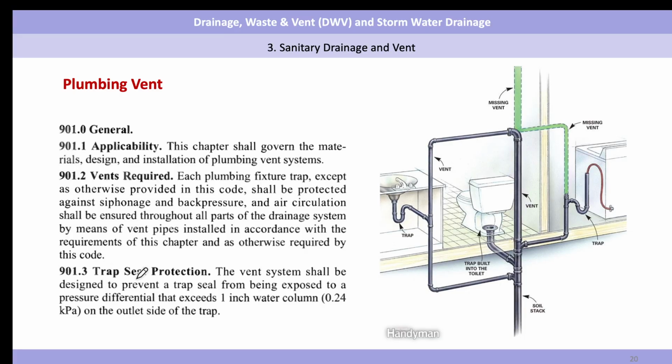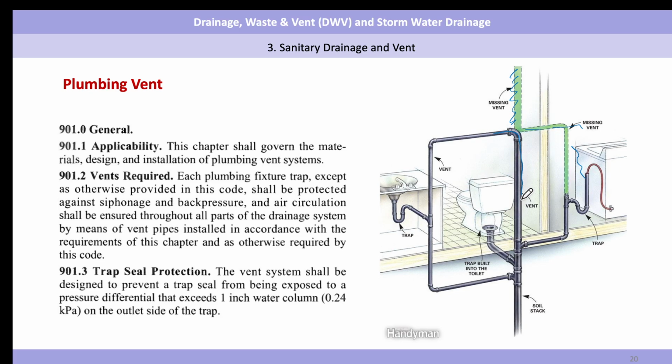So we also need the trap seal protection of the vent system. We have to consider the trap seal. Prevent a trap seal from being exposed to a pressure differential that exceeds 1 inch water column. And this figure, that means like the vent. So why? Because you can find the drainage system is closed.